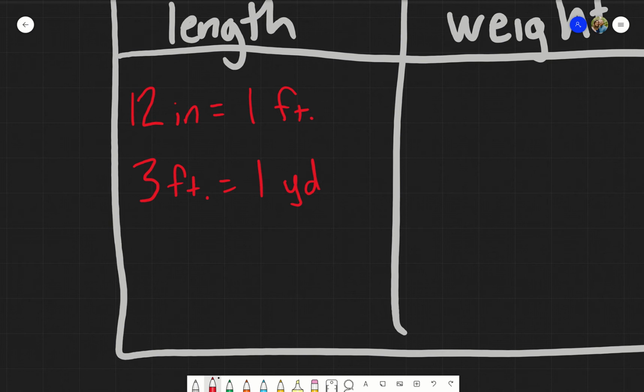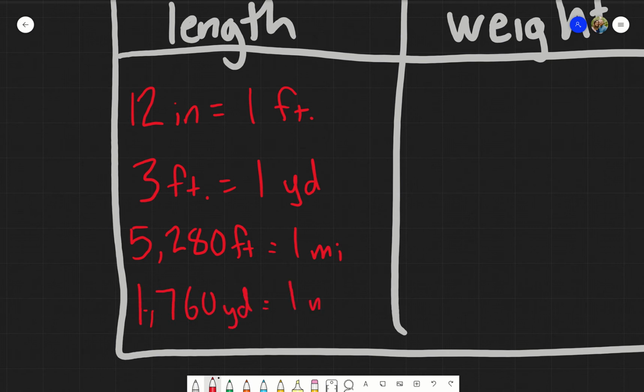Now, we're going to go to 5,280 feet equal 1 mile, and 1,760 yards equal 1 mile. Okay, those are the four common conversions that we see with customary measurement for length.